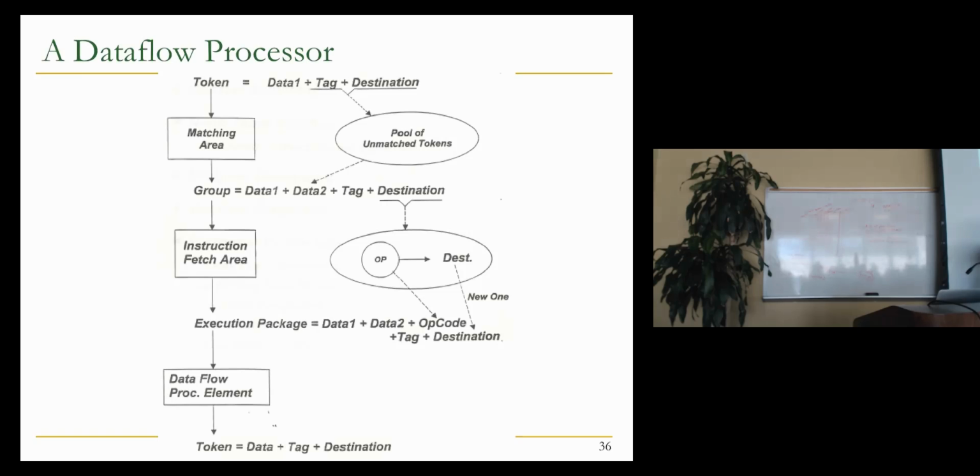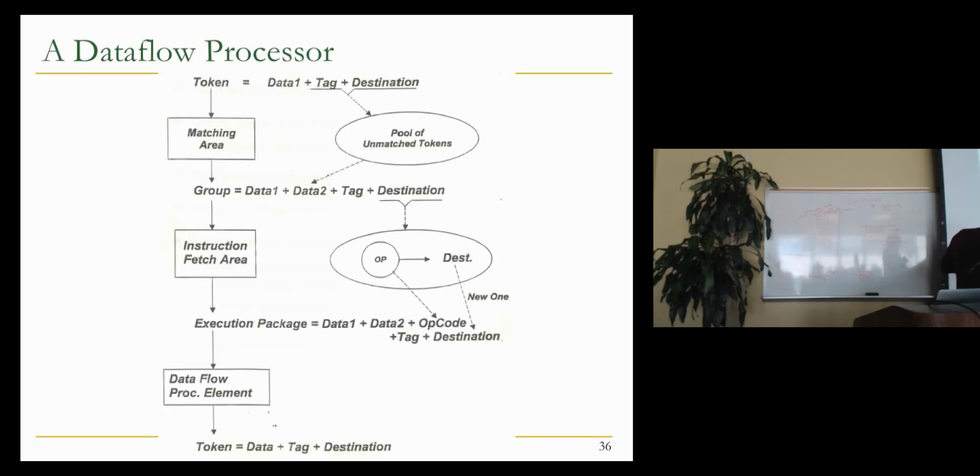It contains the destination instruction pointer, the data value of the token, and the port is also included in the destination here. And the tag. Tag is which iteration, which loop iteration, or which function invocation. You need to distinguish between them, right? Between the loop iterations, as we've discussed. And that token gets circulated, so the machine is really a big loop, basically.